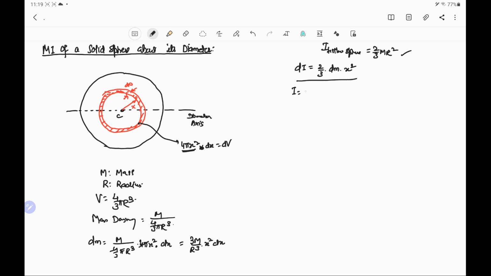So total moment of inertia will be, to complete the whole sphere, we will take limits from x equal to 0, this center, to x equal to capital R. So it is x equal to 0 to R, 2 by 3, dm is, we have already found, 3m by r cube x square dx into x square.